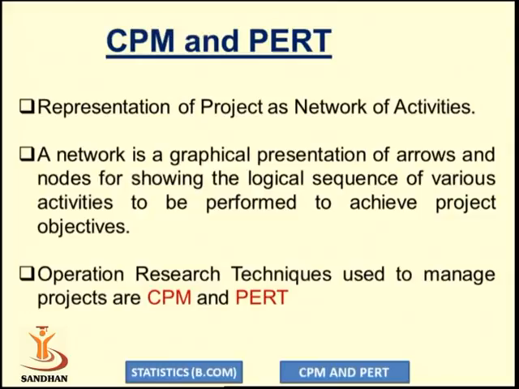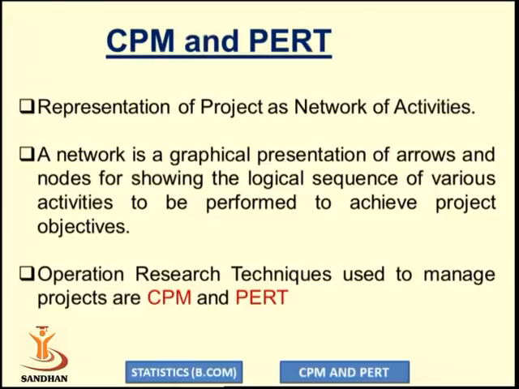So here the project should be represented as a network of activities. Now what is network? A network is a graphical presentation of arrows and nodes for showing the logical sequence of various activities to be performed to achieve project objectives.